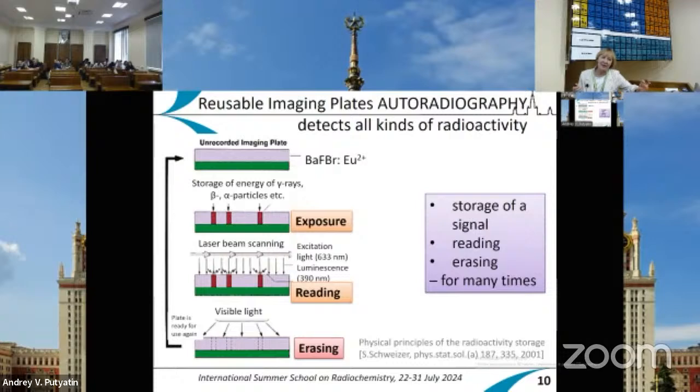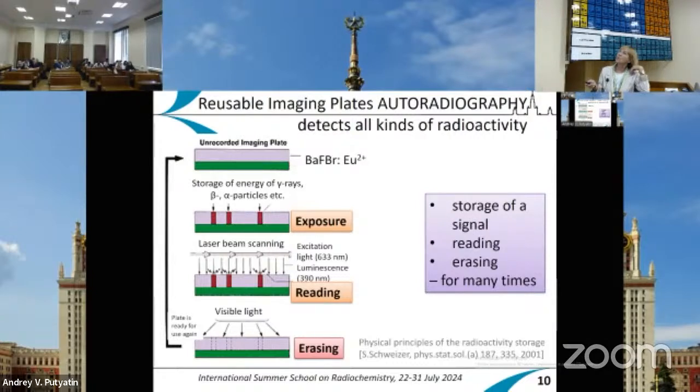And the very good thing is that these imaging plates are reusable. We can clean it, erase all the signal using visible light and use it for many times, about thousands and many thousands of times.